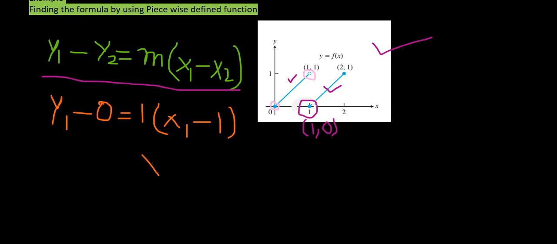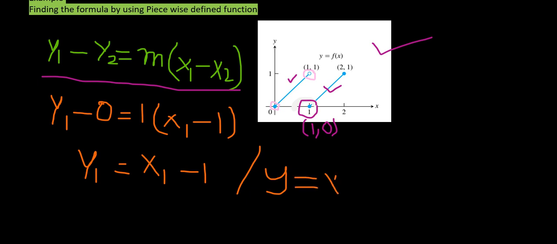By multiplying the slope inside the bracket, you can see that we have these values, and there is no use of the 0. So again I will replace the x1 and y1 with simply y and x, and this will be our formula for the second part of our function.